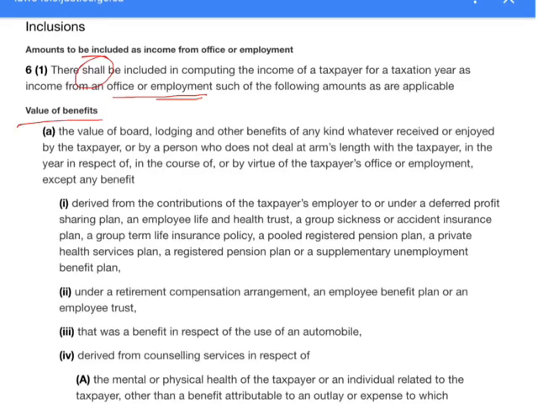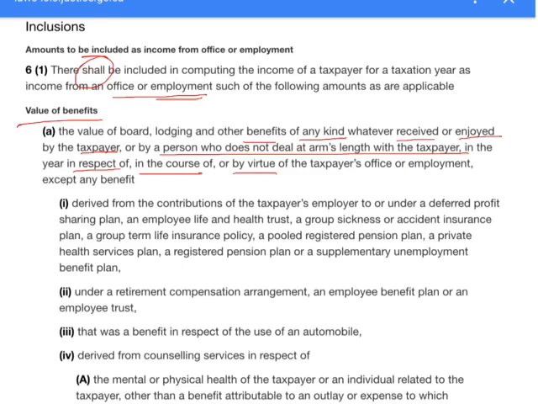And it says the value of benefits of any kind received, enjoyed by the taxpayer or by a person who does not deal at arm's length with the taxpayer in the year, in respect of, in the course of, by virtue of the taxpayer's office or employment.